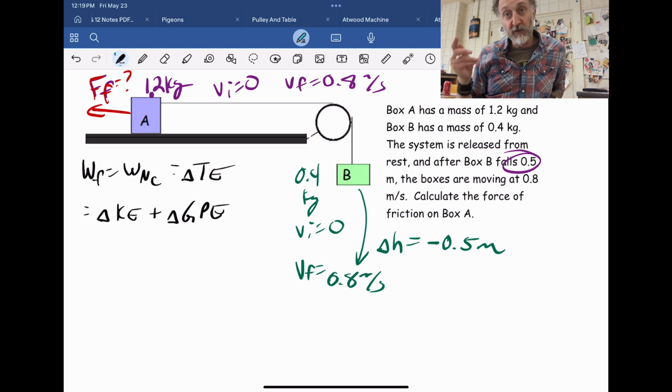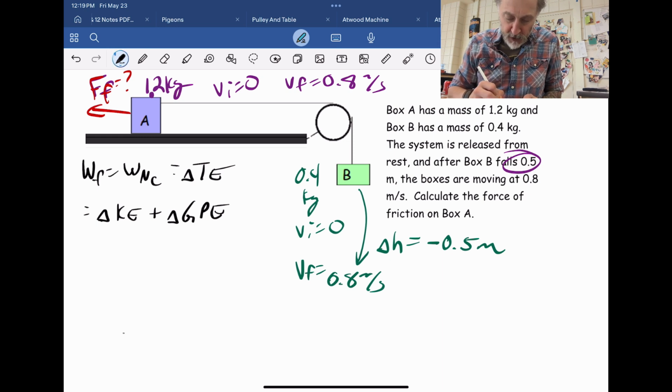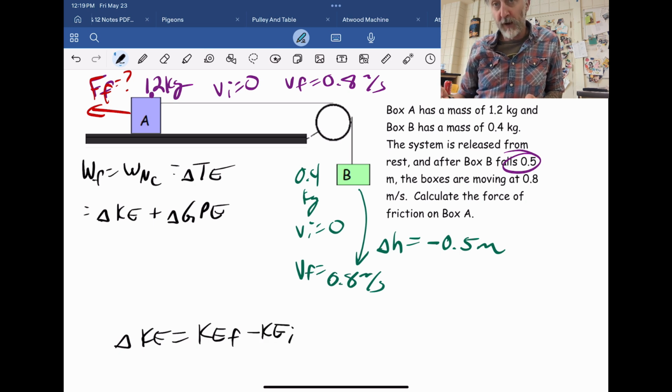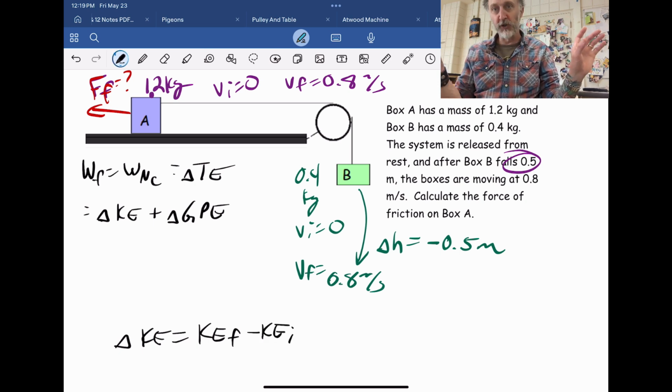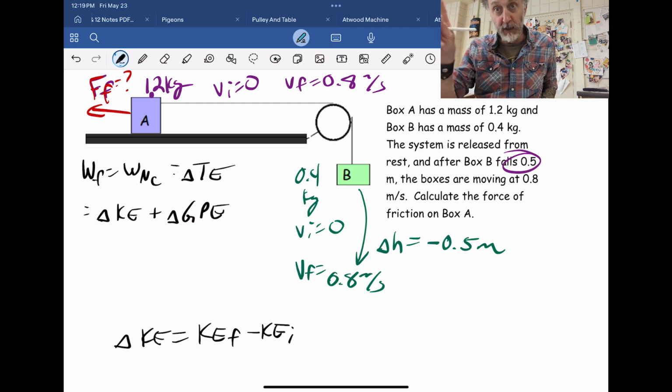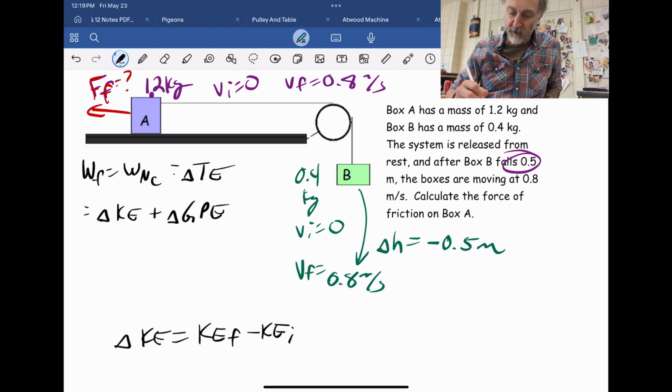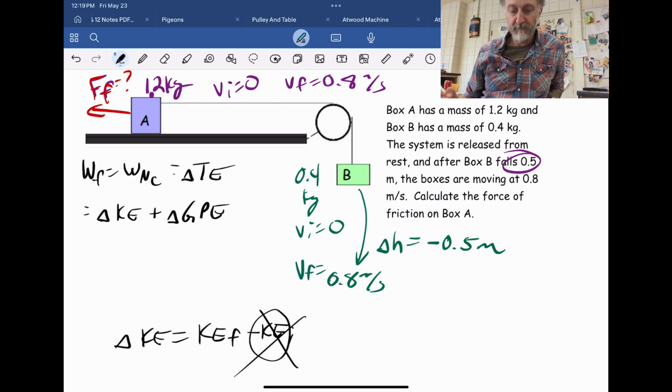Now notice, my starting kinetic energy is 0. So technically speaking, change in kinetic energy is KE final minus KE initial, right? So what I'd have to do is find my final kinetic energy, my initial kinetic energy, and subtract. But here, my initial kinetic energy is 0, so I don't even care about that. Okay? So it's really just my final kinetic energy. So what is that final kinetic energy?